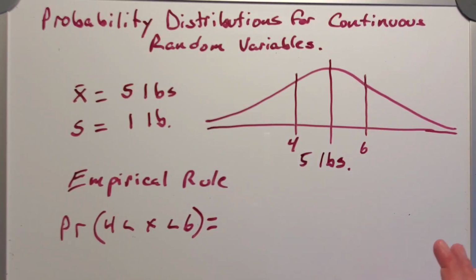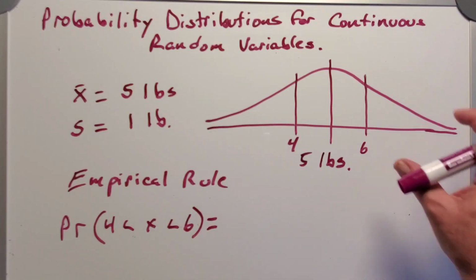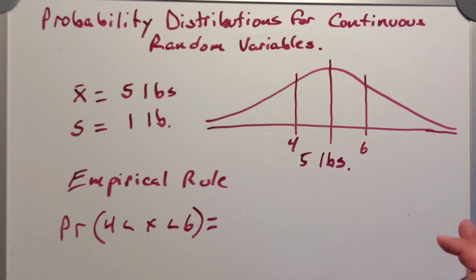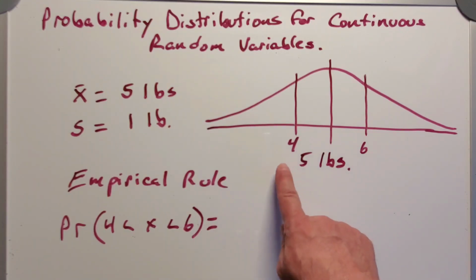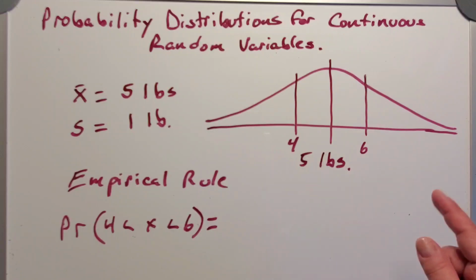But what I want to do is really highlight what we just did. And that is, we took this knowledge of the distribution of the data that we're studying, the birth weights of these animals at birth, and we turned it into something that was a resource for answering a probability question. So we're no longer talking about, for example, the proportion of these animals at birth that are between 4 and 6 pounds, but rather the probability that a randomly selected birth would result in an animal between 4 and 6 pounds.